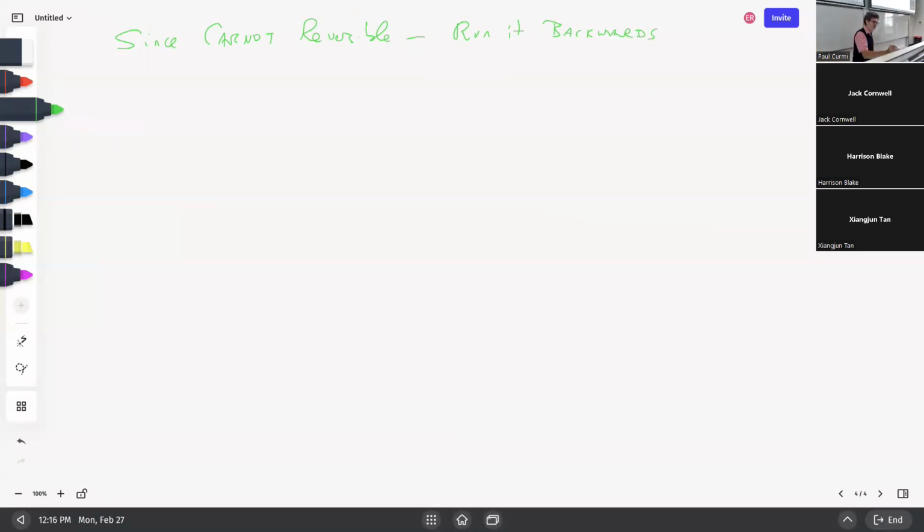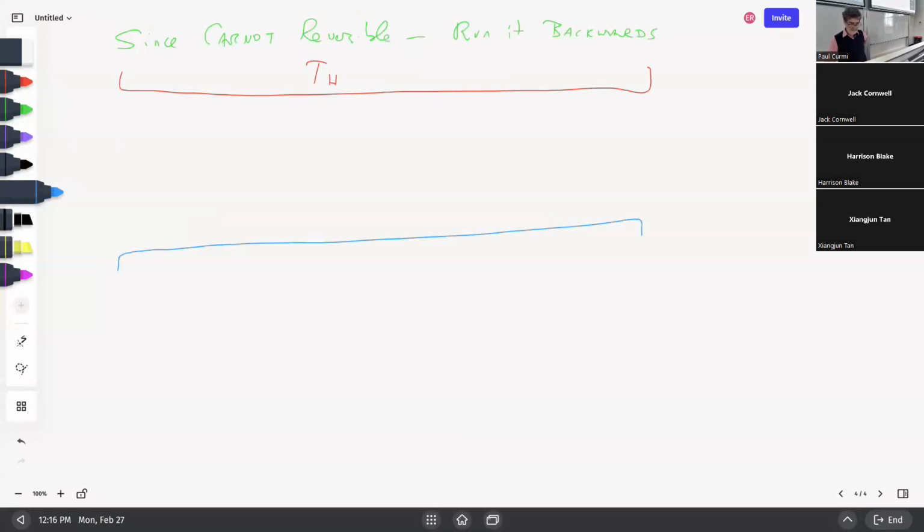So I've got a hot bath. There's T hot. I've got a cold bath, T cold. I'm going to run hypo in the ordinary direction. So there it is, my hypothetical motor.